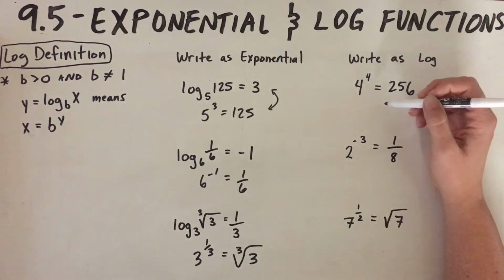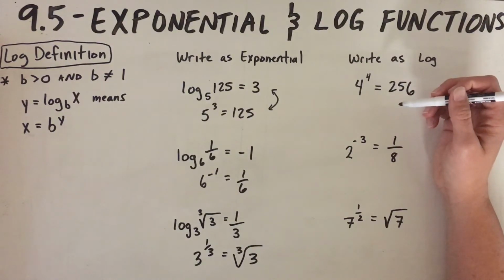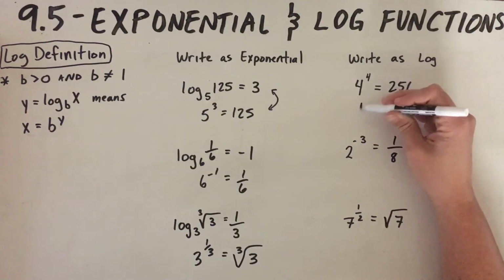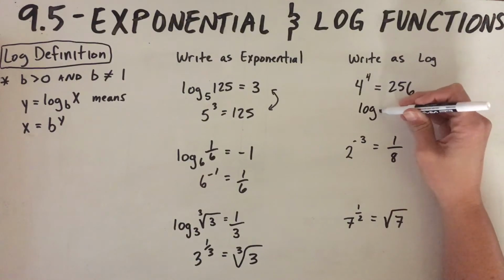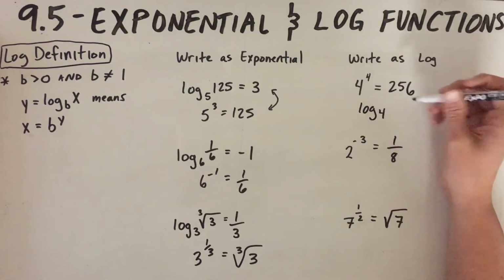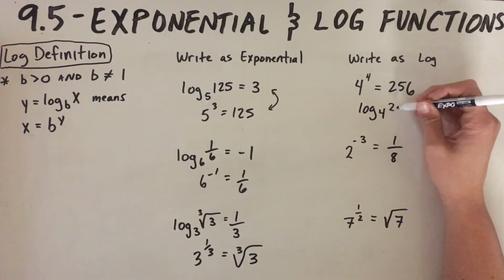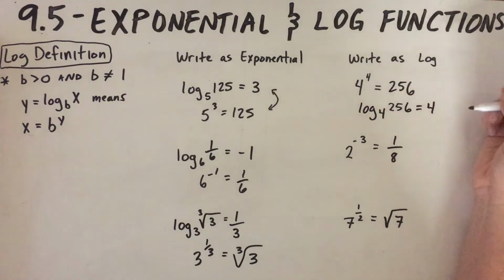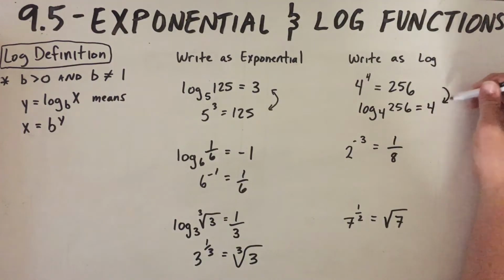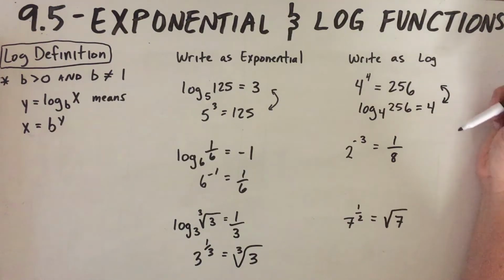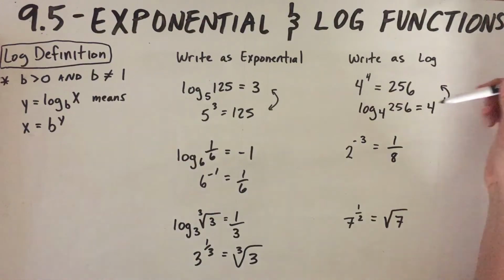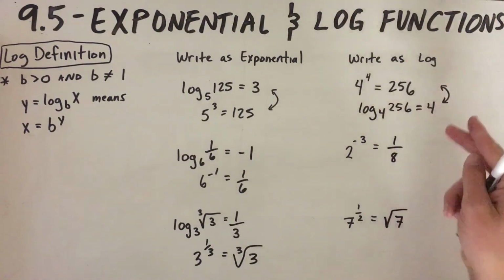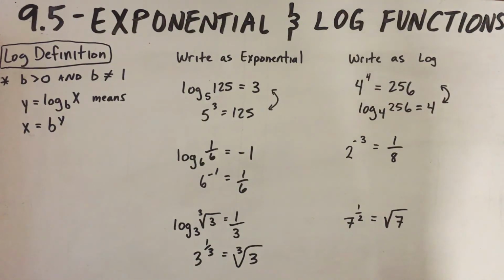So I'm going to say that log base 4, because the base is always 4, then it's going to be 256 equals 4. And again, these are equivalent equations. They say the same thing. One of them just is in log form and one of them is in exponential form. Okay, so the base stays the same and you just switch x and y.